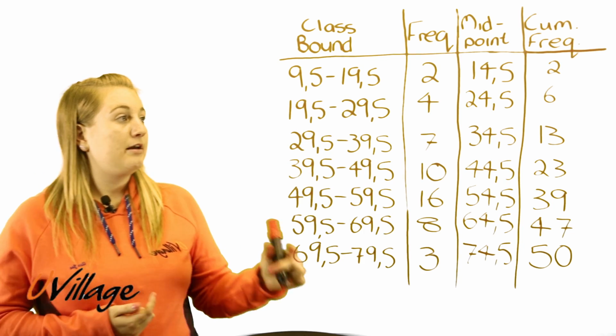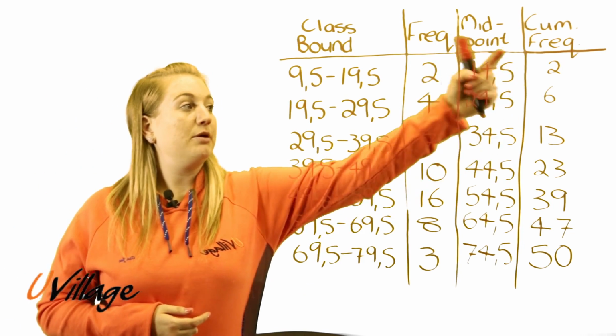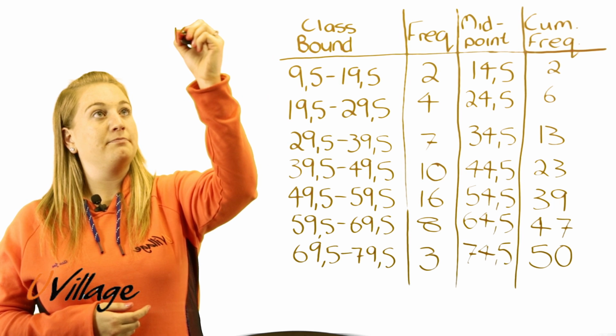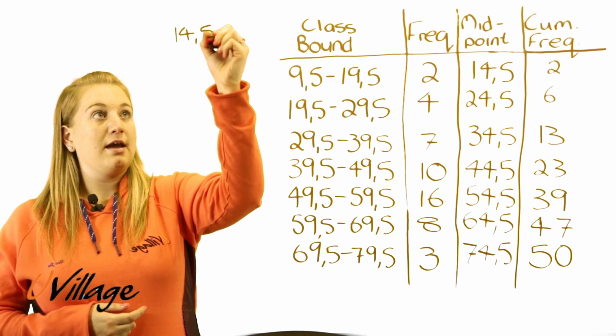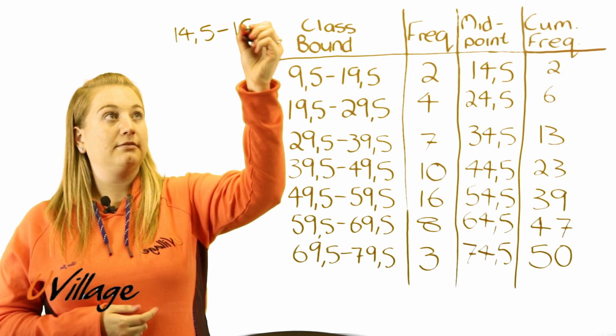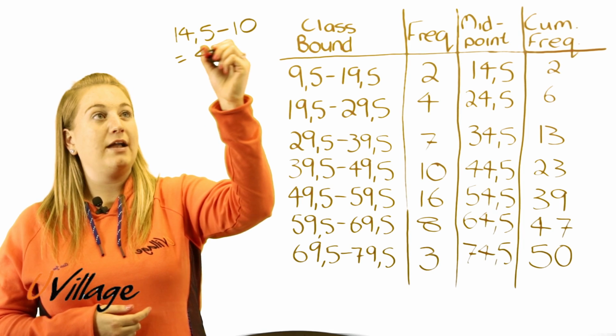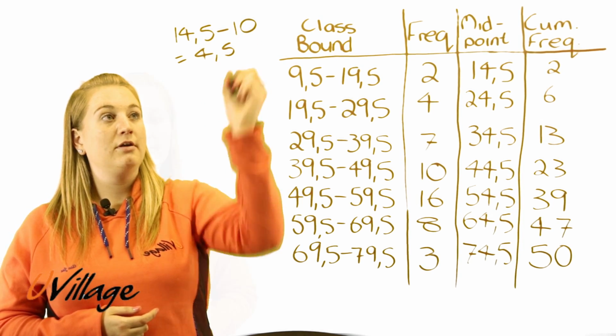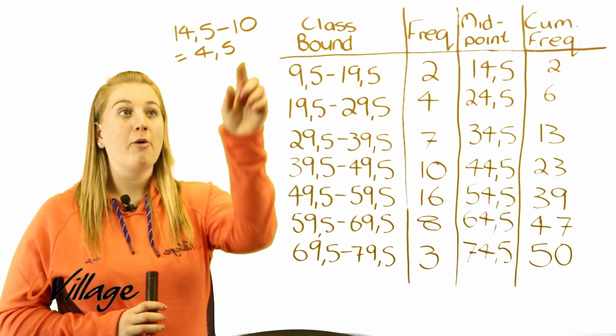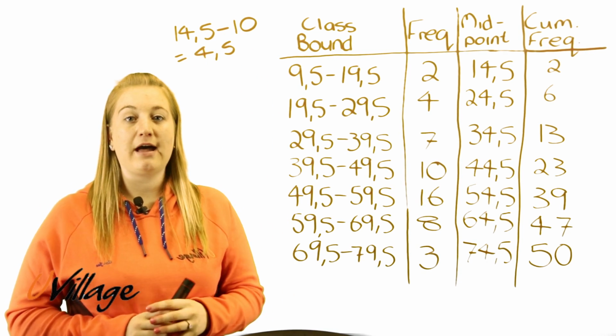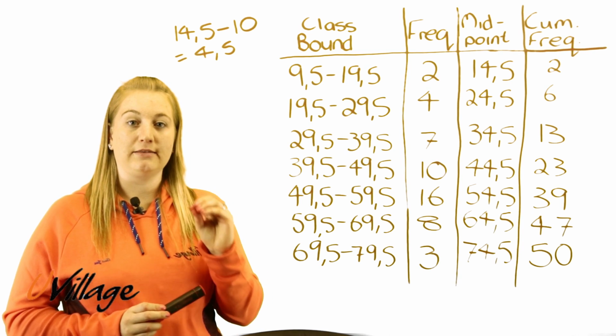These are calculated by taking the very first midpoint and subtracting a class width of 10, which means at a value of 4.5 on the x-axis, our frequency polygon will be anchored there.